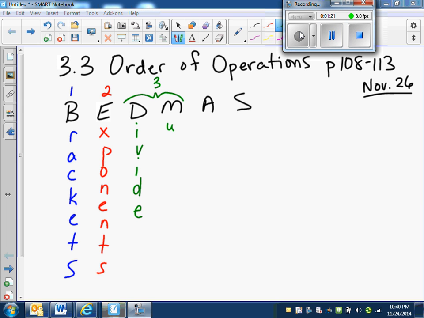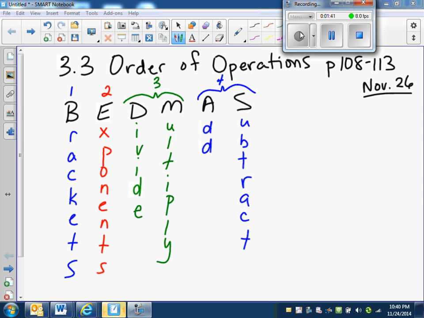Divide and multiply. And then lastly, as we move from left to right, we add and subtract as we move from left to right across an expression.